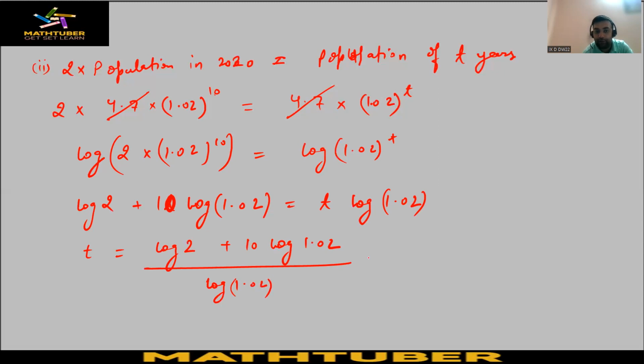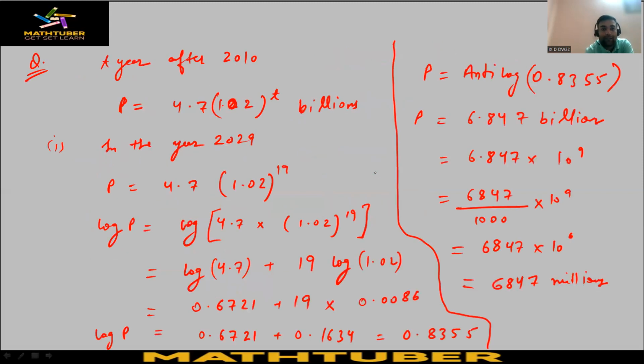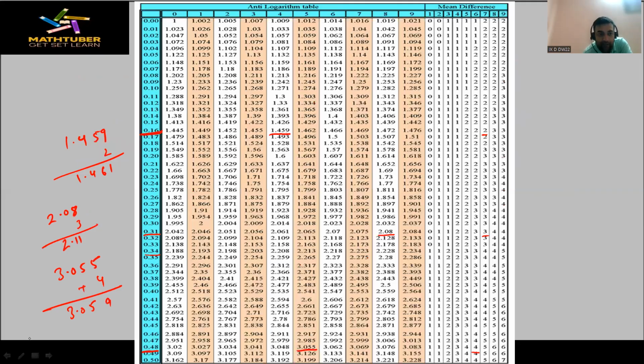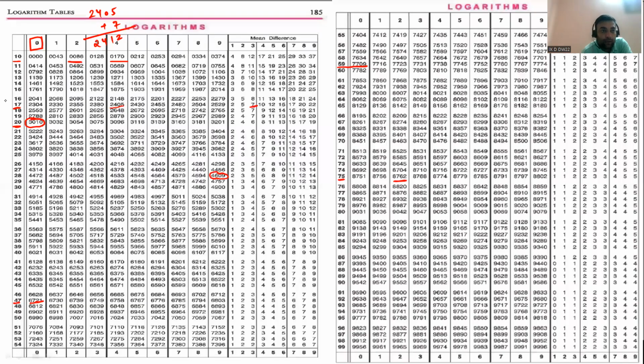So you just have to put the values of log 2 and log 1.02 in this. So log 2 is basically log of 20 at 0th column. Log of 20 is 3010.